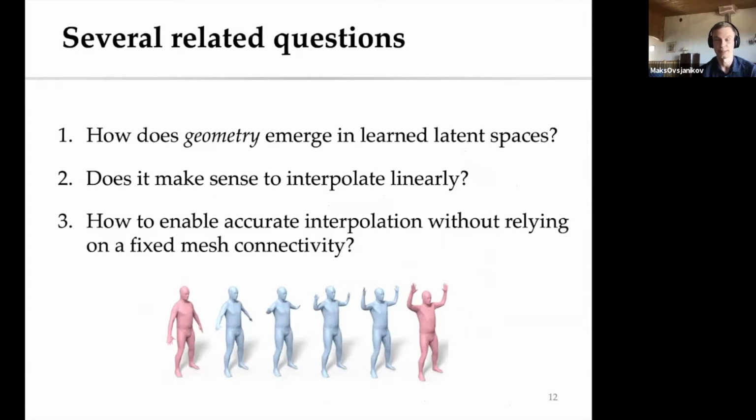So why does it make sense to interpolate linearly? You can phrase this question as, how does the geometry emerge in these learned latent spaces? Or does it actually emerge at all? And then more generally, can we enable this type of approach for accurate interpolation, but without relying on a fixed mesh connectivity?